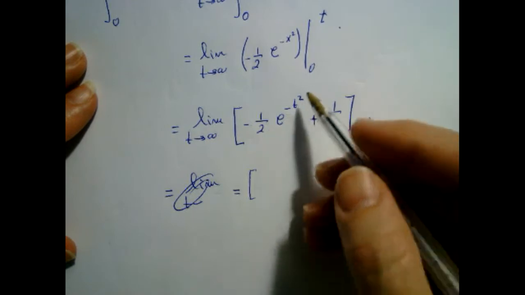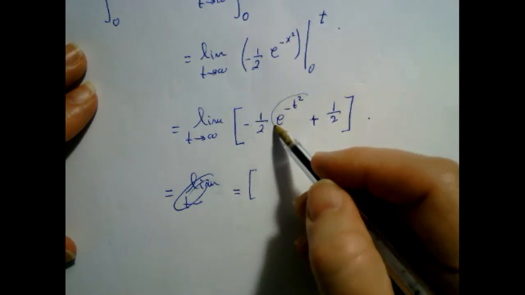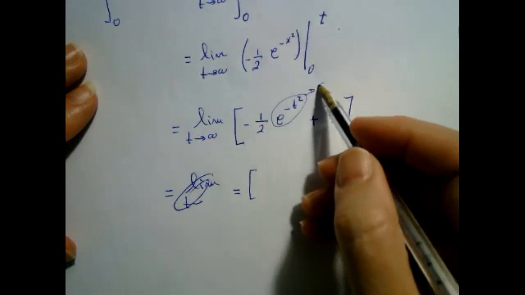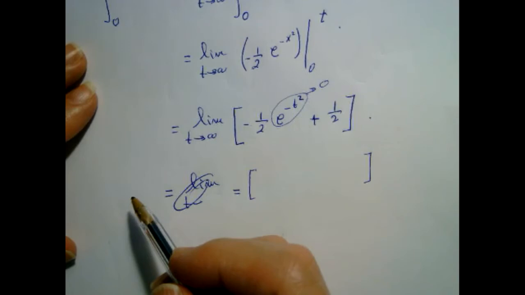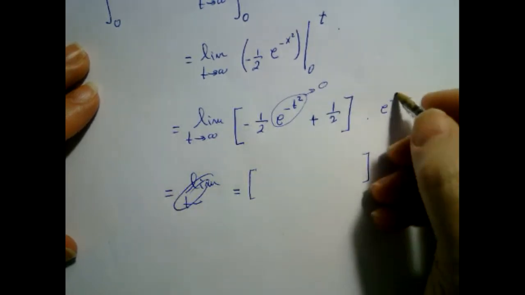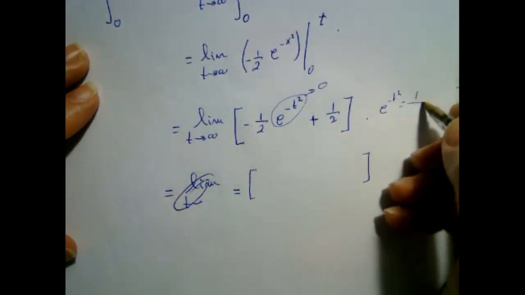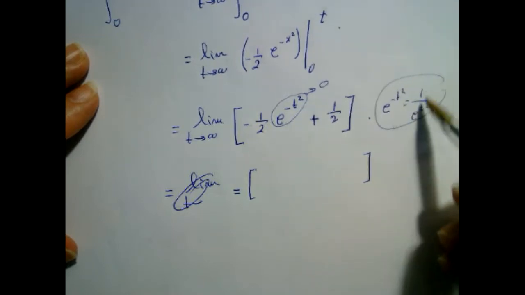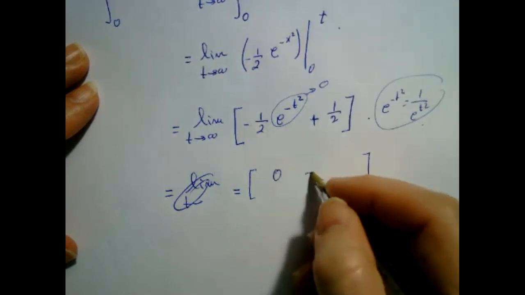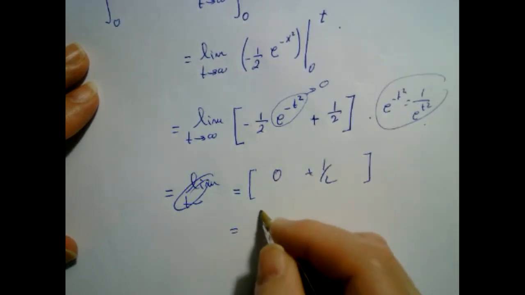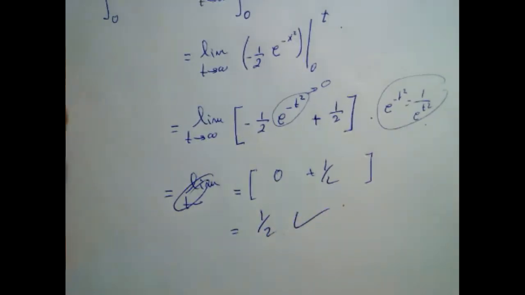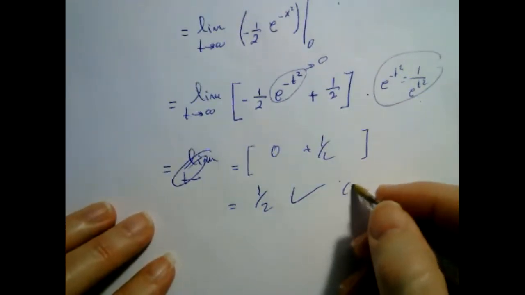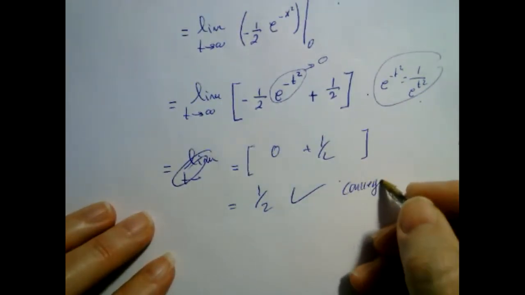When t takes a very large value, this piece here will go to 0 for the same reason I mentioned before, because e to the minus t squared, you can think about it as 1 over e to the t squared. So when t goes to infinity, this goes to 0. I will have 0 plus a half, that's equal to half. So this one also converges.